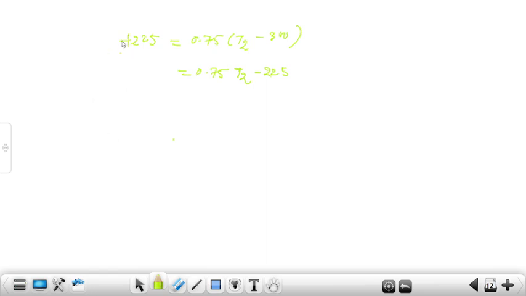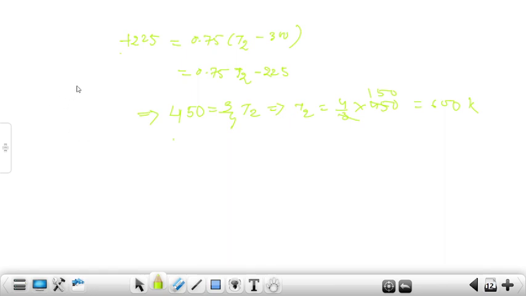This is minus plus, so 225 plus 225 is 450, which is equal to 3 by 4 T2. So T2 is equal to 4 by 3 into 450, which is equal to 600 Kelvin.